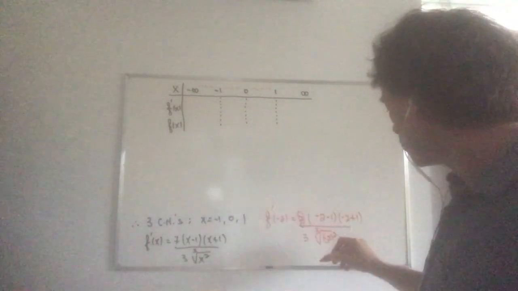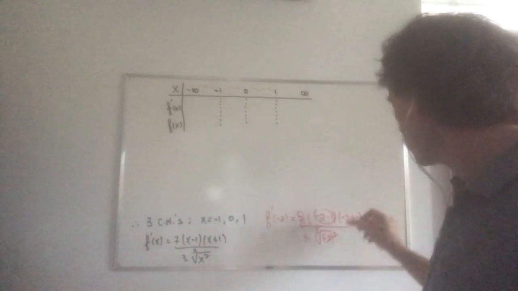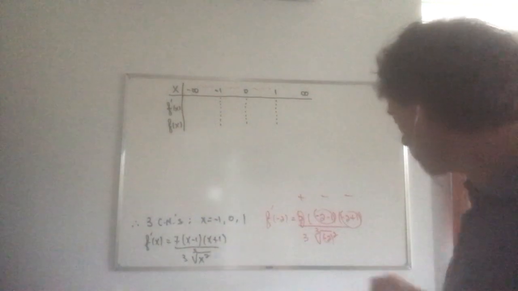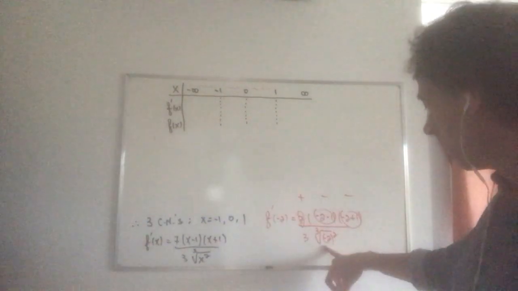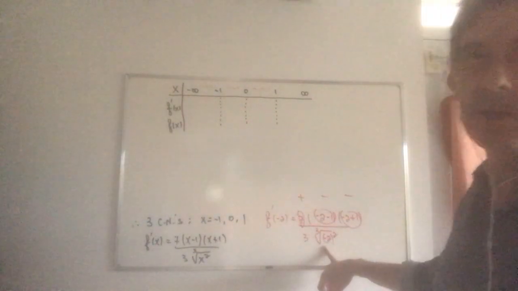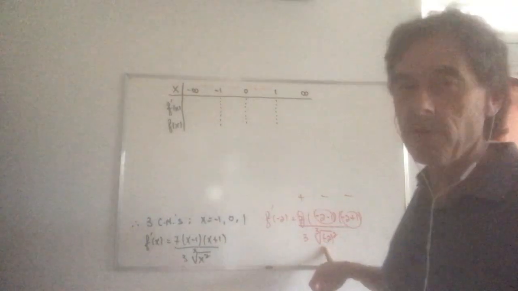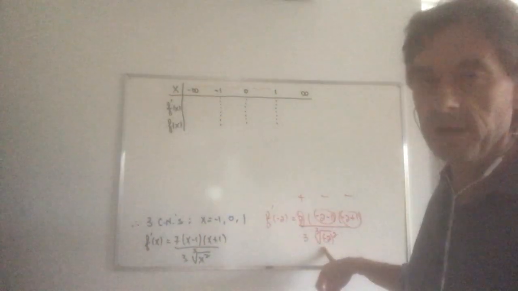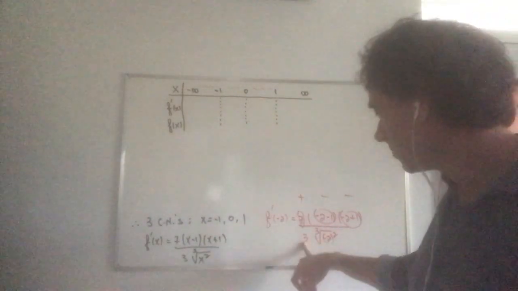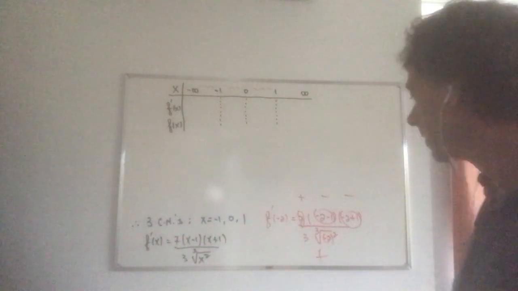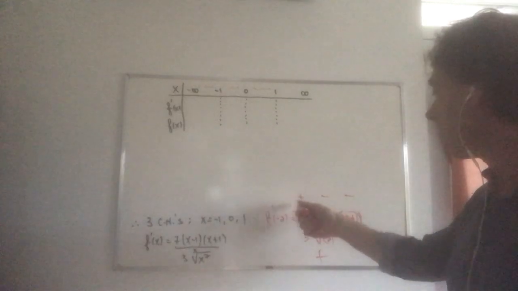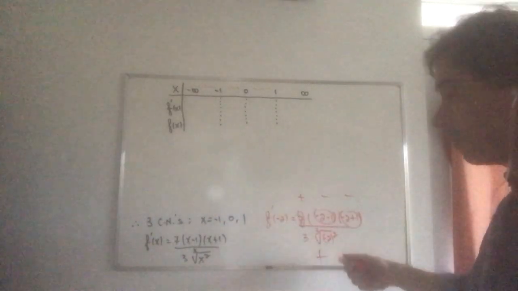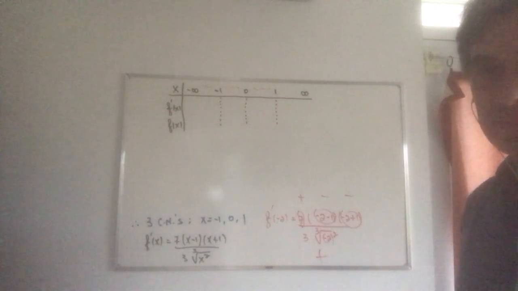That's a minus, that's a minus, that's a minus. What's the bottom? What's -2 squared? It's 4. Cube root of 4, I can do it on my calculator, but it's going to give me 1 point something, a positive number, times 3, which is a positive number. That's a plus. So a minus times a minus times a minus divided by a plus should actually give me what? A minus.